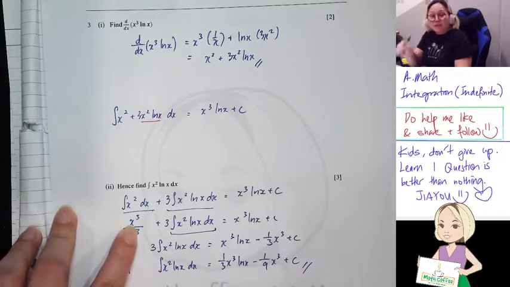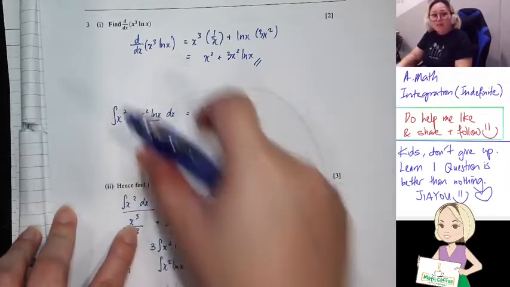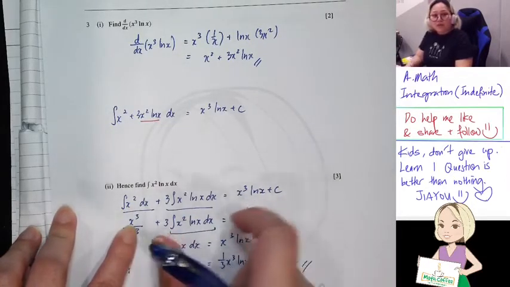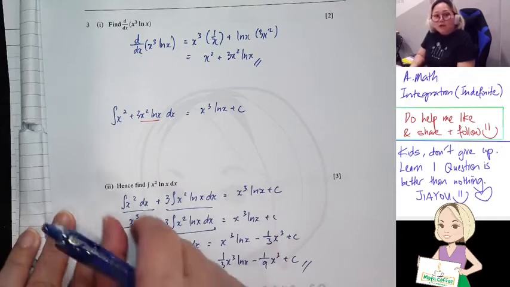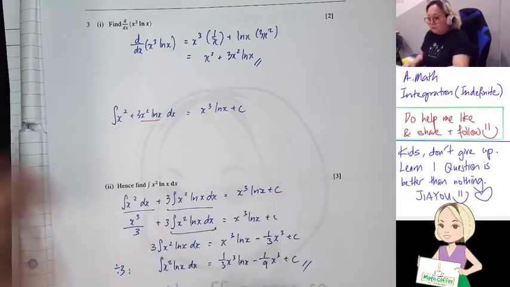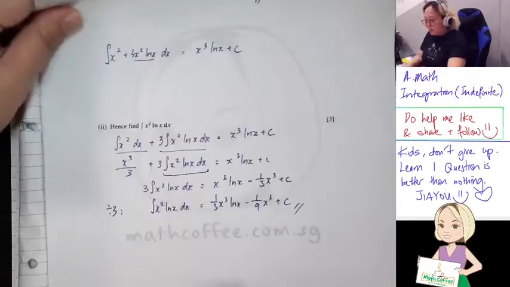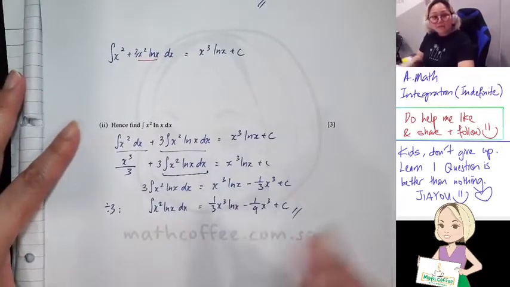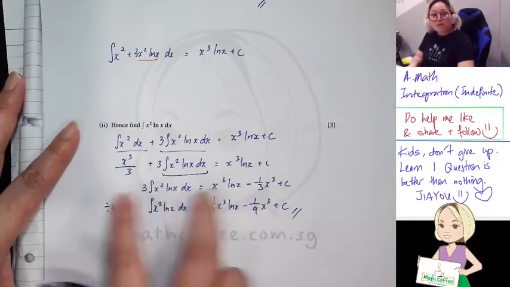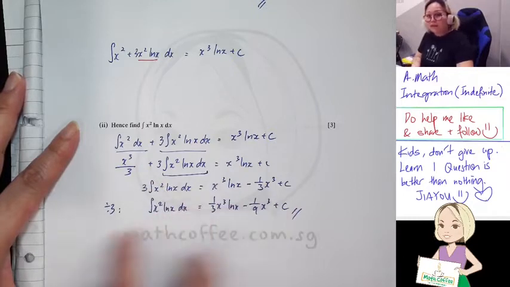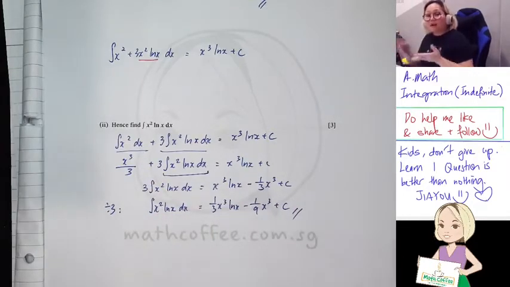But for this case, it's times 3, so it's okay, we can just make it the subject first. Then the one that you integrate as per normal, you bring it to the right hand side. After that, because this is 3 units, divide by 3, you'll get 1 unit. And ta-da, you are done. So this is how I do the reverse.